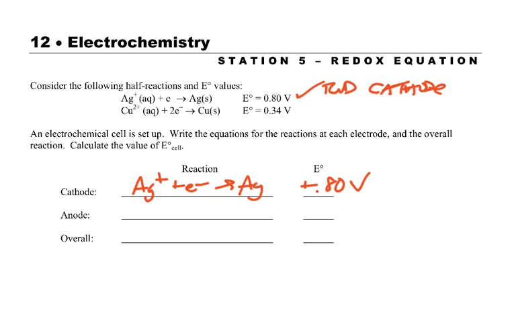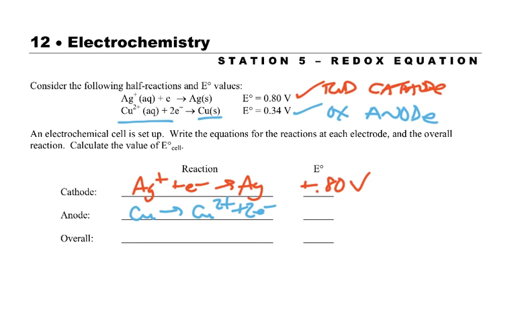Okay, this other guy here, the lower of the two numbers, is going to have to go in reverse, so that is going to be oxidation. Okay, and that's going to happen at the anode. And so the anode reaction is written backwards. Copper metal turns into copper 2+ and 2 electrons.